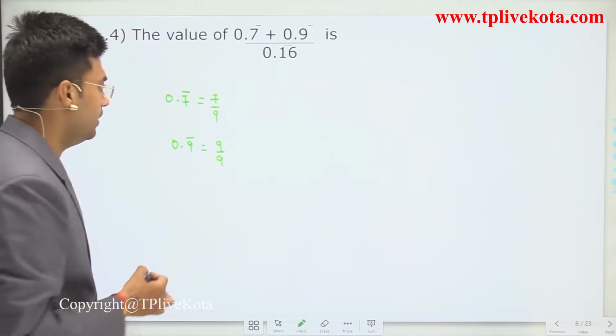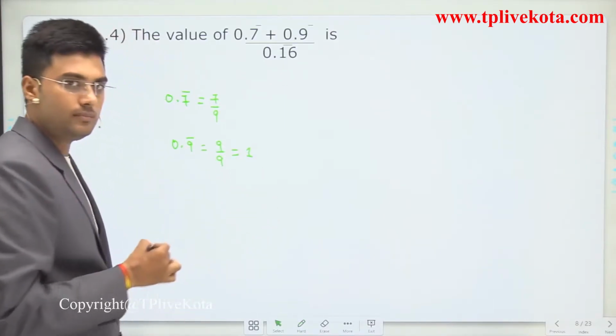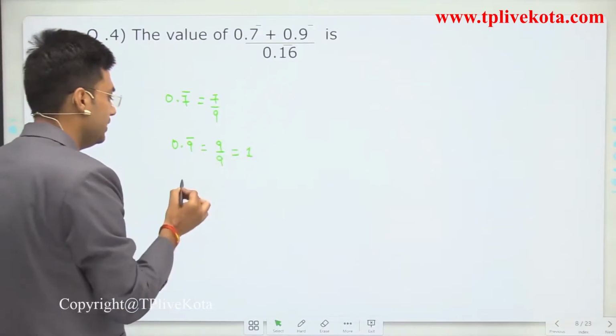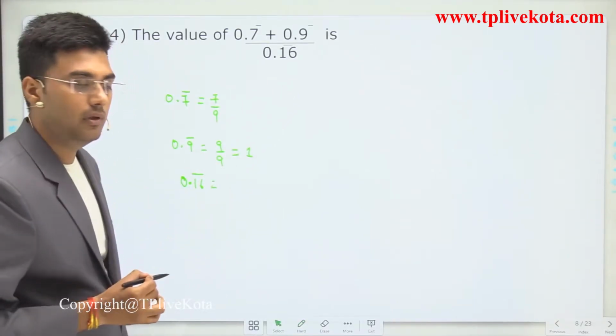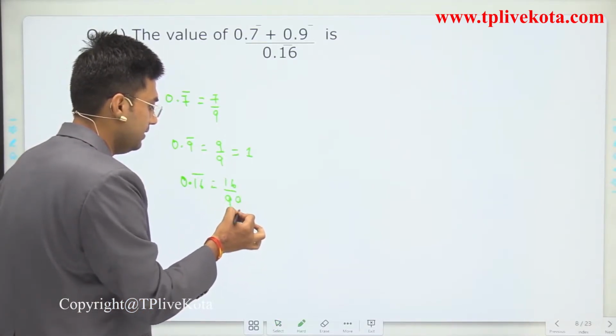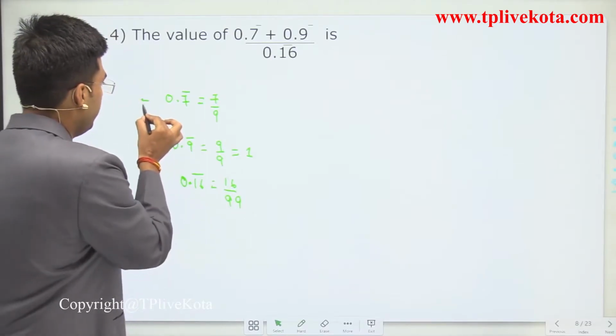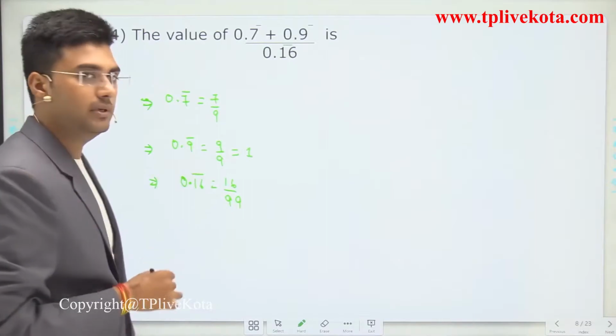Okay, now 9 by 9 is equal to 1. Now we have to convert 0.16 bar into fractional form. It is equal to 16 divided by 99. Okay, we have to find the fractional form of all these three numbers.